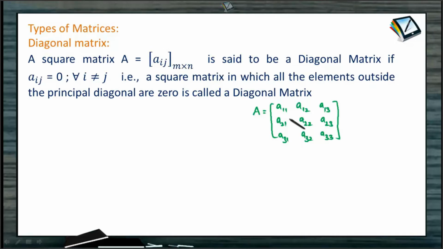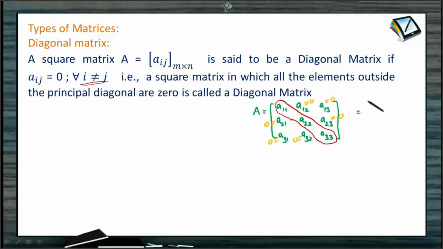What are the elements in this which satisfy i not equal to j? Yes, other than the principal diagonal. If all the rest of the elements, that is A12 where the row number is not equal to the column number, A13, 1 and 3 are not equal, therefore that is also 0. A23, row number and column number are not equal, therefore that is 0. A21 is 0. A31 is 0. A32 is 0.